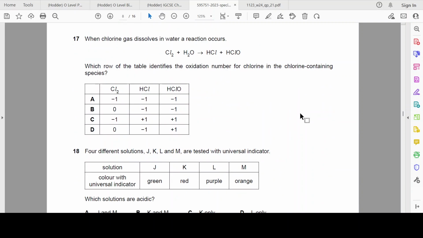Okay. Question 17. When chlorine gas dissolves in water, a reaction occurs. Which row of the table identifies the oxidation number of chlorine in the chlorine containing species?